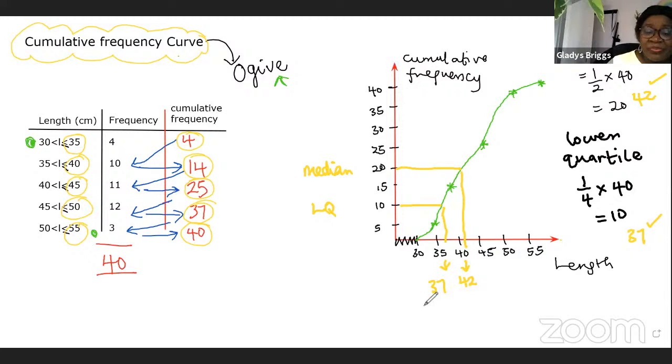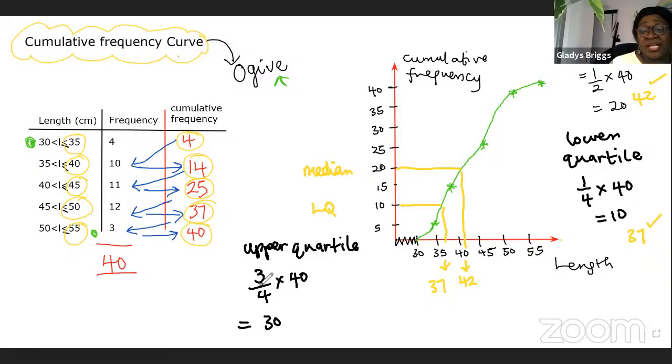And the next bit of information you need to get out of your graph is the upper quartile. The upper quartile is 3/4 of the data times 40. So this would give you 40 divided by 4 is 10, times 3 is 30, or you can put it into your calculator.